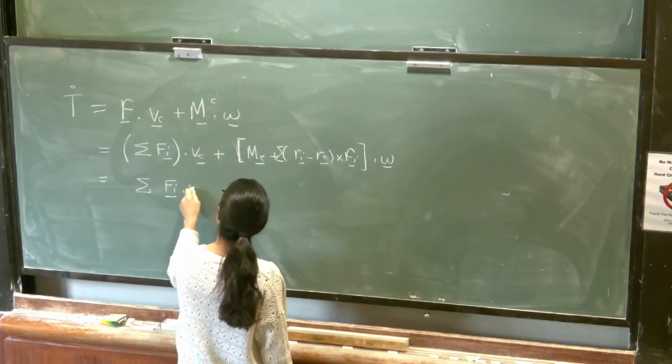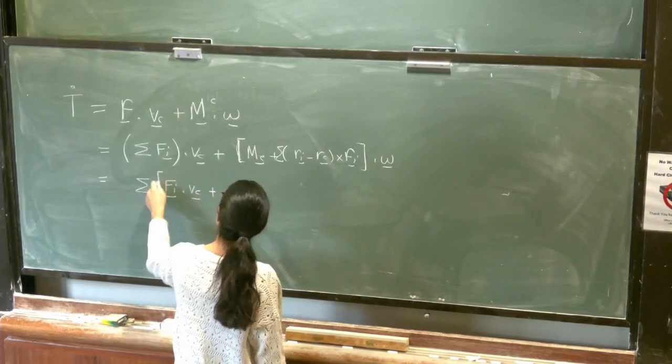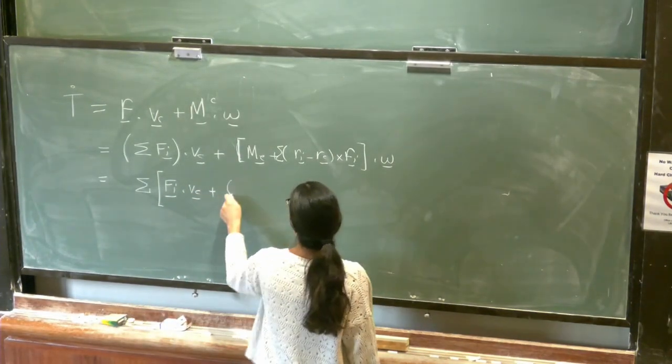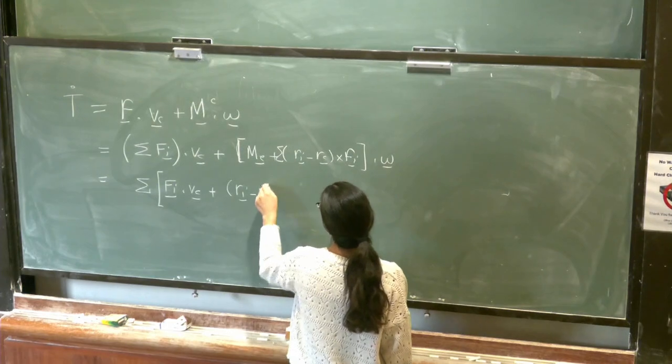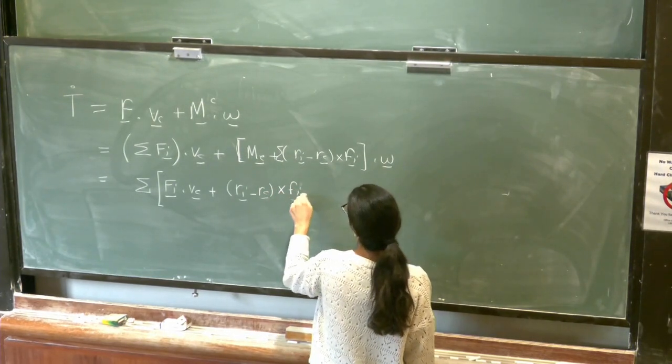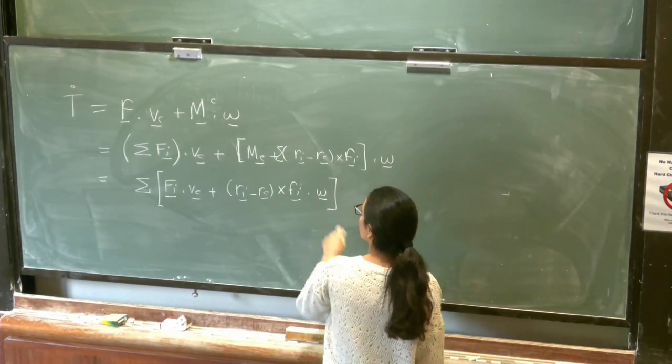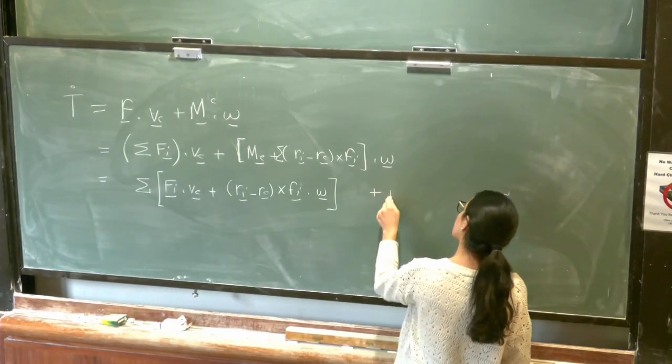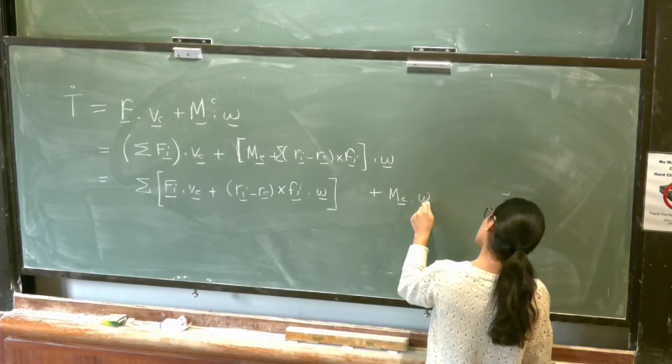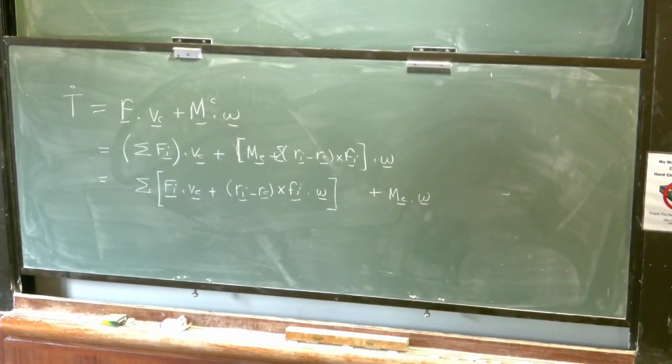Fi dotted with VC plus Ri minus RC cross Fi dotted with omega plus ME dot omega. Are we okay with the sum of forces is equal to sum of Fi, and MC is the sum of moments about C, which is the moment of all the forces plus the couples.